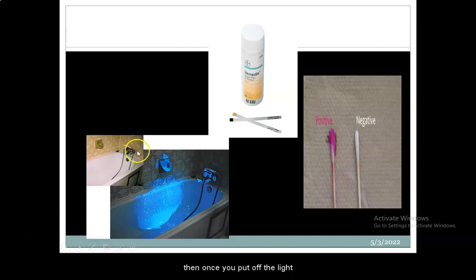Then once you put off the lights and you spray the place with luminol, you are getting this glow, the blue color. It means this place contains blood, but then maybe the perpetrator or whoever came into contact with the blood cleaned the blood. So over here, the blood was hidden, but with luminol, the place had glowed.